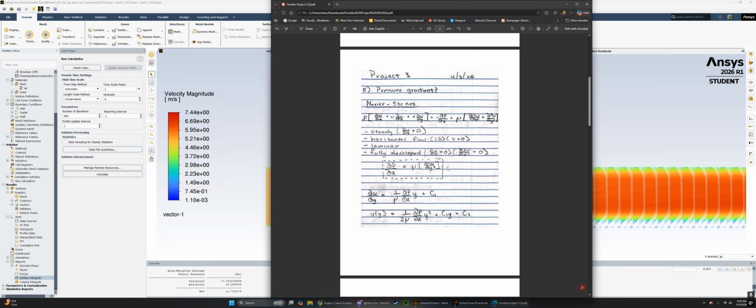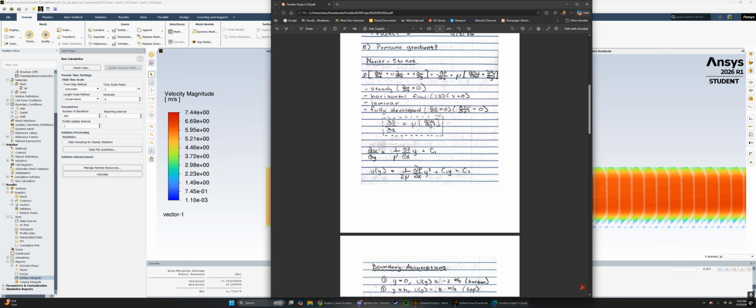We know it's laminar and fully developed. So we get our simplified Navier-Stokes equation down here, and we solve for our pressure gradient. And then solve for del squared u over del y squared, and then we integrate twice to get our velocity function here.